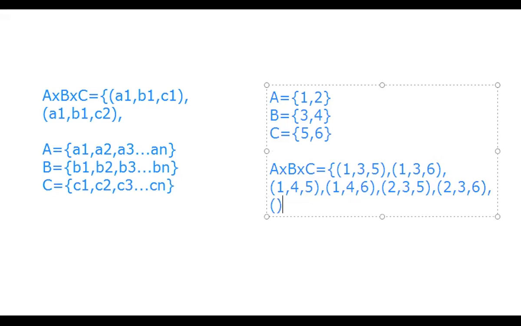And remaining 2 are 2, 4, 5. आणि शेवटचा एलिमेंट कुठला असेल? 2 4 5 येणार. सॉरी, 2 4 5. आणि शेवटचा एलिमेंट काय येणार, 2, 4, 6.